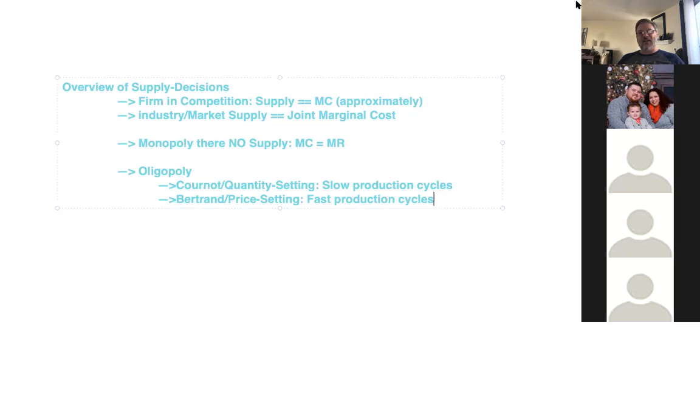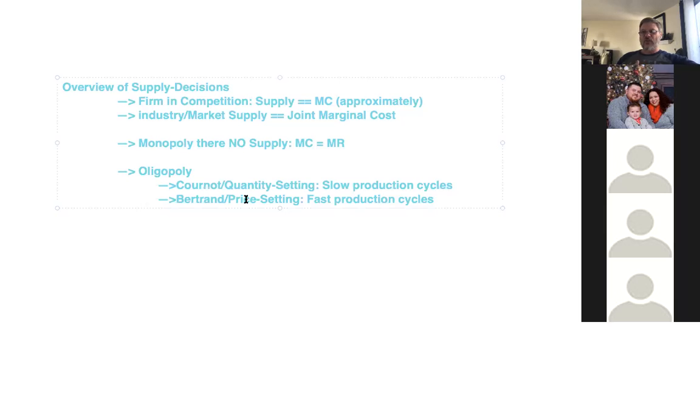But I don't want to get down into the weeds. My point was that price setting is really common in these retail environments, where it's that last little bit of getting the product out the door to the customer. So a Bertrand model, a price-setting model where you've got intense price competition.